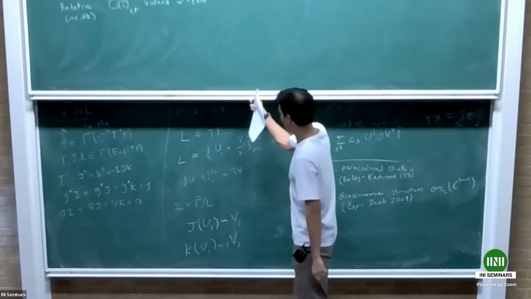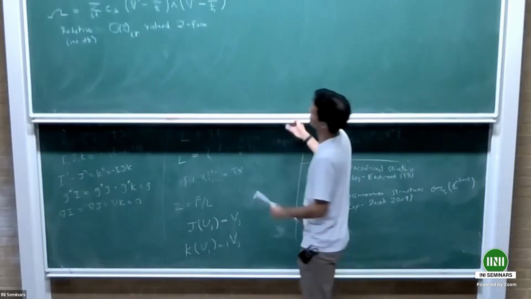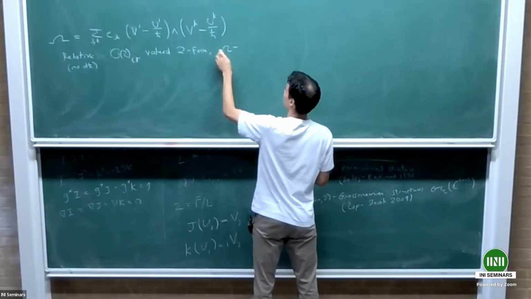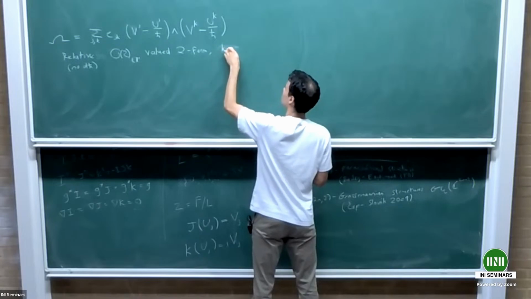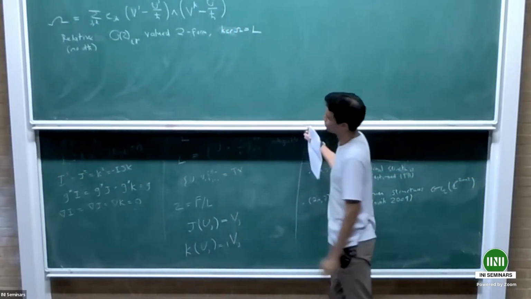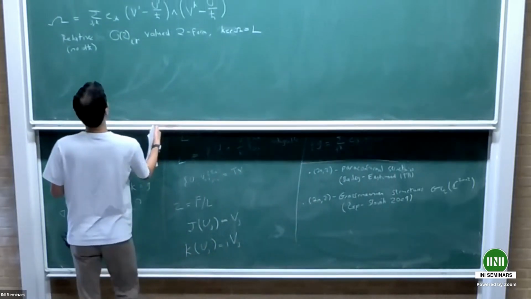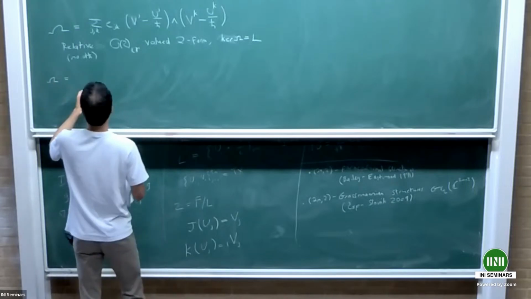And it's also set up so that the kernel of this thing is precisely L, okay? Kernel of omega is equal to L. And so if I expand omega out, I'm going to need to do this.